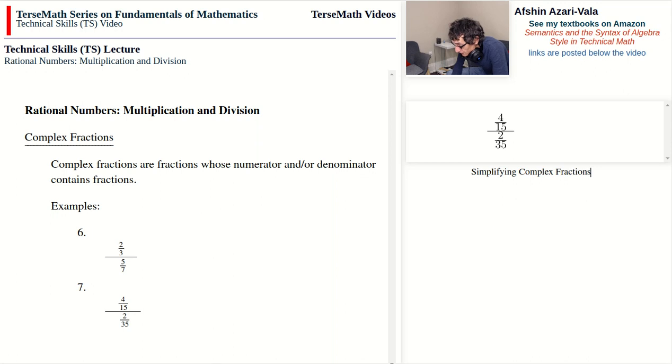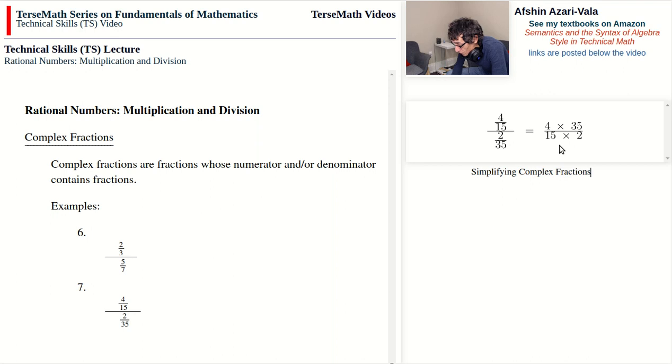4 over 15 divided by 2 over 35. And we multiply 4 and 35, place that on top, and then we multiply 15 and 2 and place that down. Now we can do a fair amount of reduction.